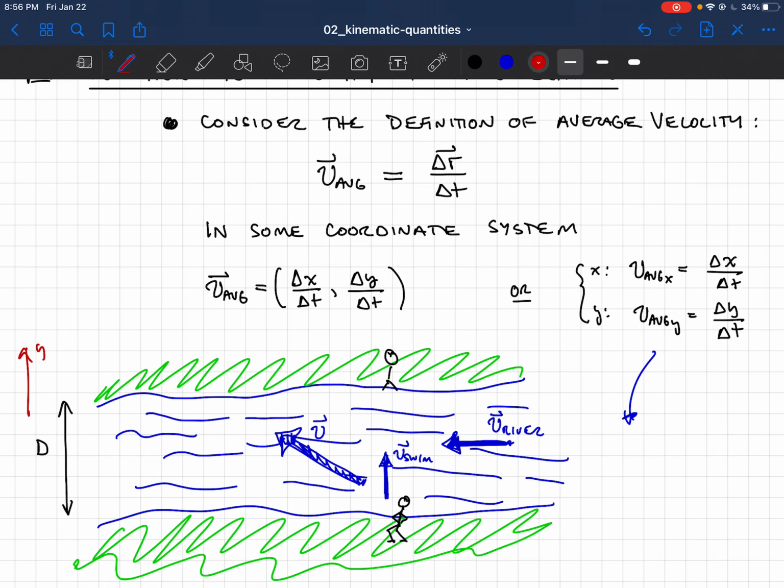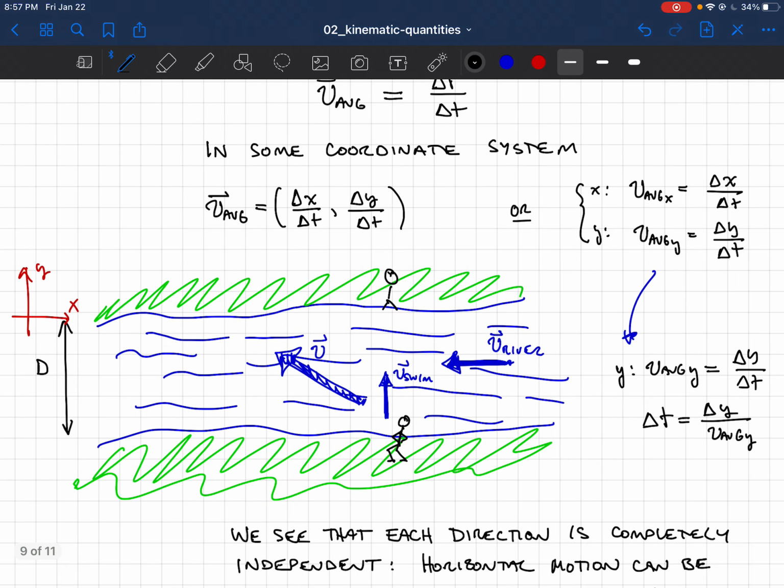If we say that across the river is the y direction and down the river is, say, the minus x direction, we only need to look at the y equation, v average y is equal to delta y over delta t, to figure out the delta t. So delta t is just equal to delta y over v average y. In this case, the delta y is just the distance across, right?